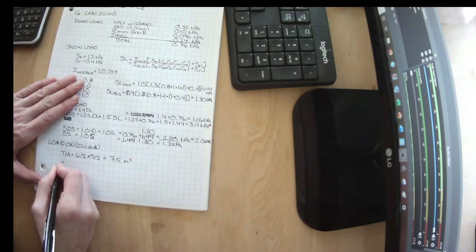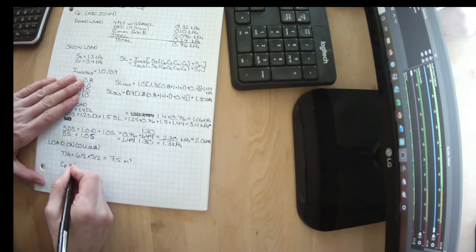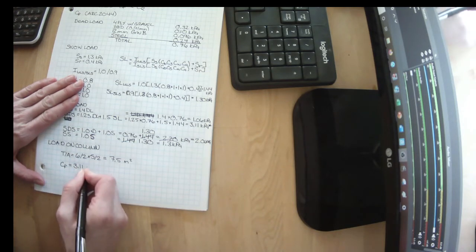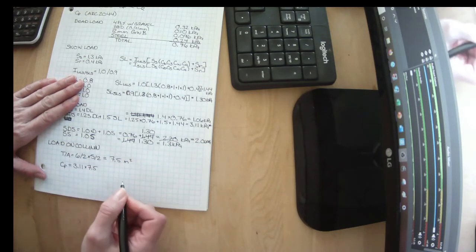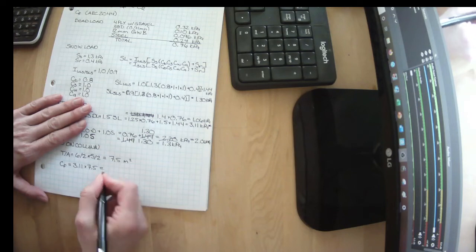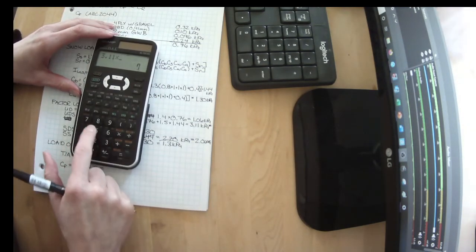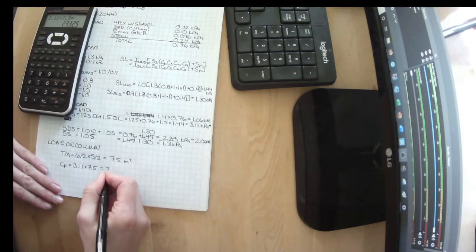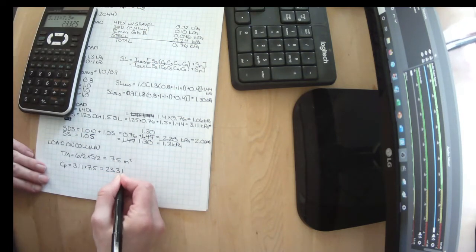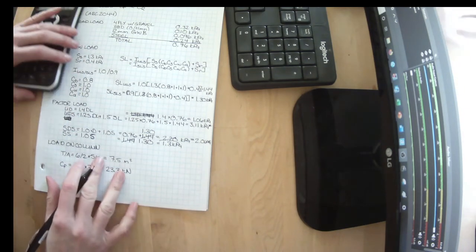So the CF on our column is our tributary area times our load, or 3.11 kPa times 7.5 meters squared. Remember, kPa is kilonewtons per meter squared times meters squared. We are going to get 3.11 times 7.5, 23.3 kilonewtons.